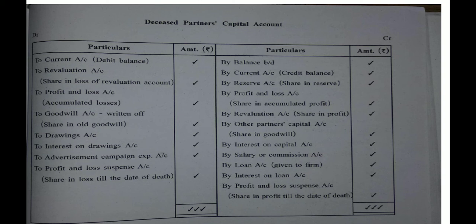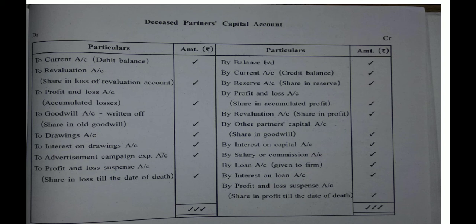Even in standard 11th, while we were doing final accounts of sole proprietor, we used to deduct the amount of drawings as well as interest on drawings from the balance of capital. Yes, that is the reason that drawings and interest on drawings has been written on debit side of deceased partner's capital account.